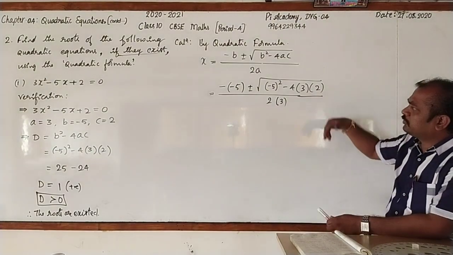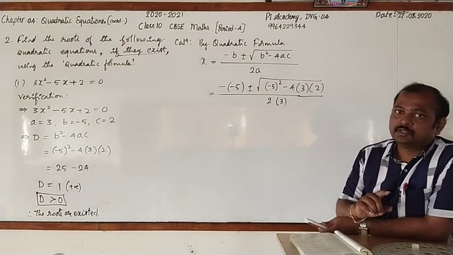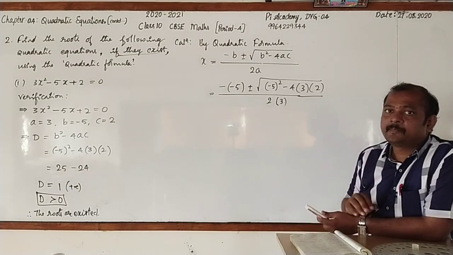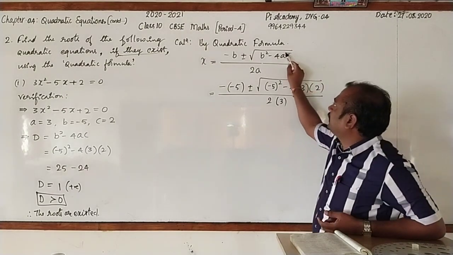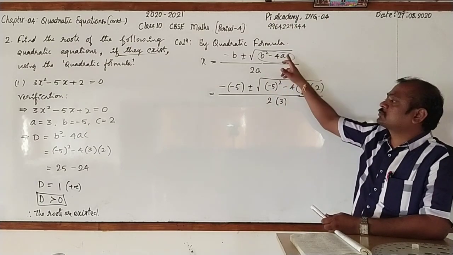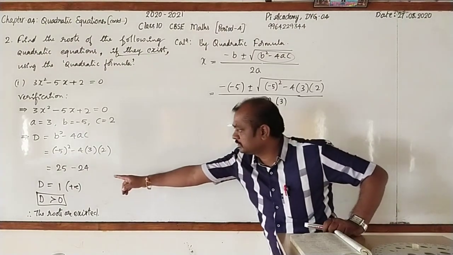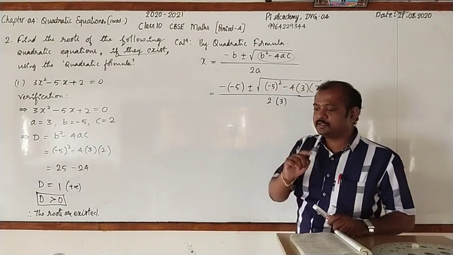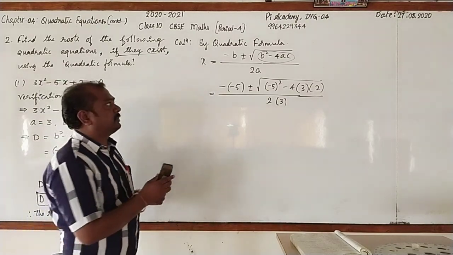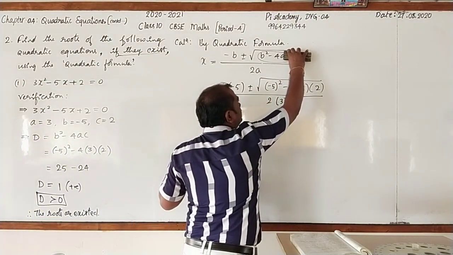Observe, you can go for solving this, but we can solve this in a simplest method. Do you know what is that? Dear students, we know that we have already solved. We have already found out the value of b square minus 4ac. How much we got? It is 1, right? Hence, to reduce some of the steps, you can go for writing in this way.